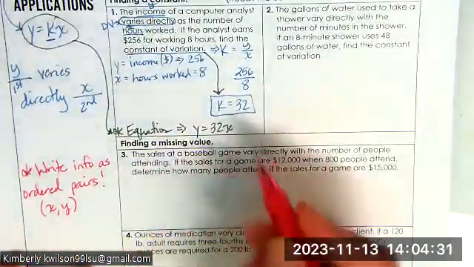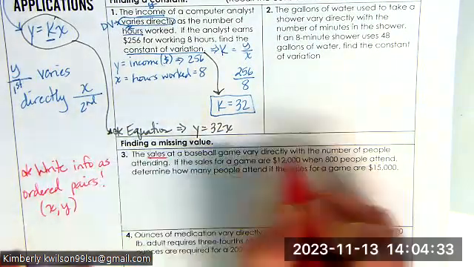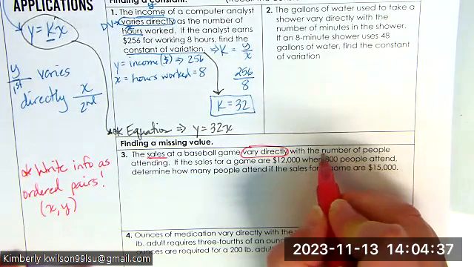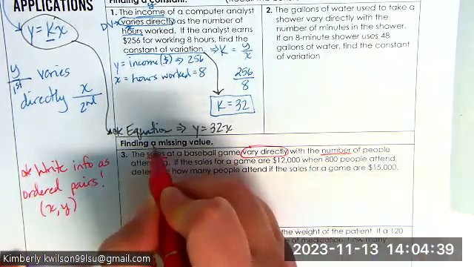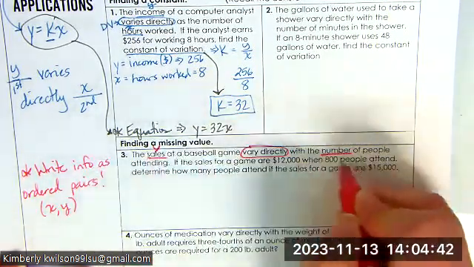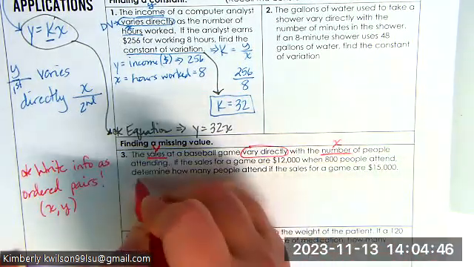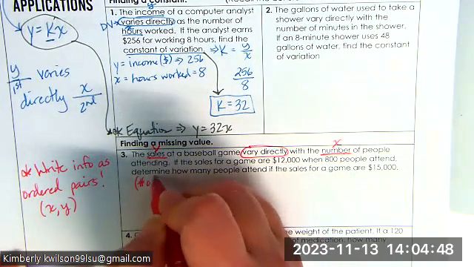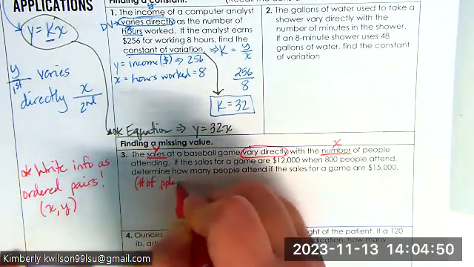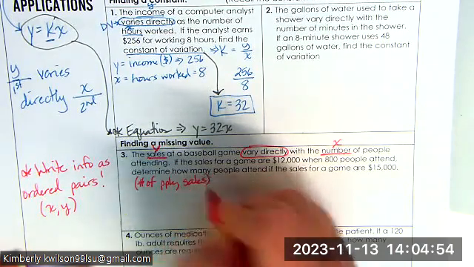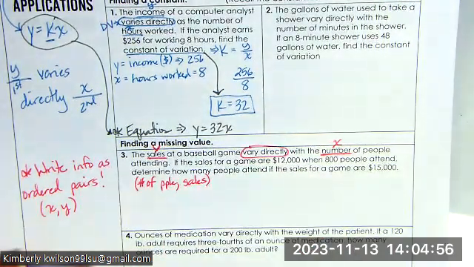So it says the sales of a baseball game vary directly with the number of people. The sales is y. The number of people is x. So to write our ordered pair, we would have the number of people, comma, sales.